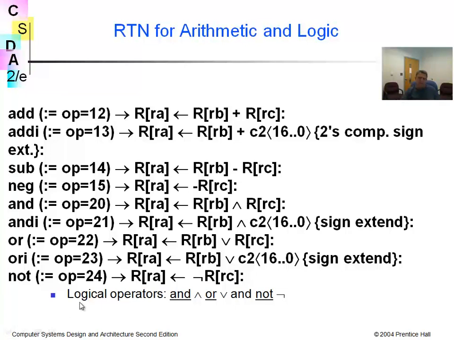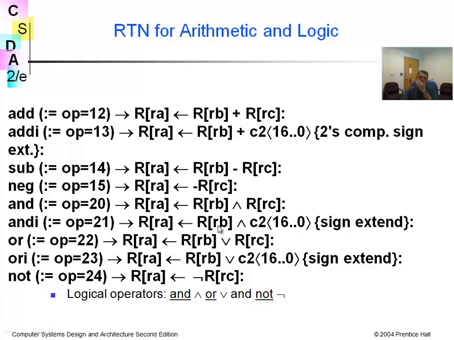For example, in an AND operation you AND the content of ROR-B with the content of ROR-C and load the result to ROR-A. ANDI means one of the operands is in the constant field. So you take the 17-bit constant, AND it with the content of ROR-B, and load the result in ROR-A.